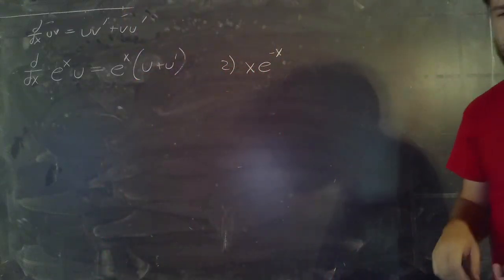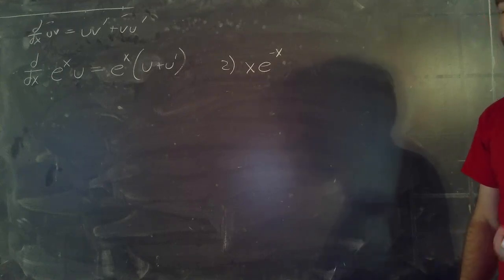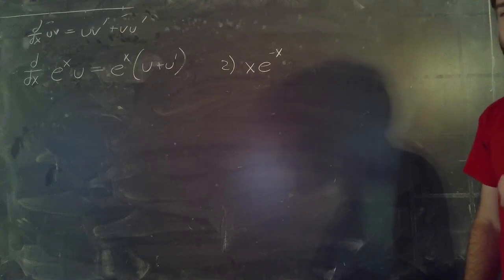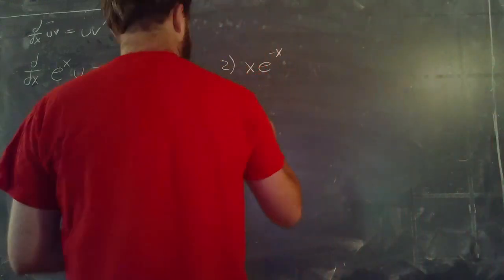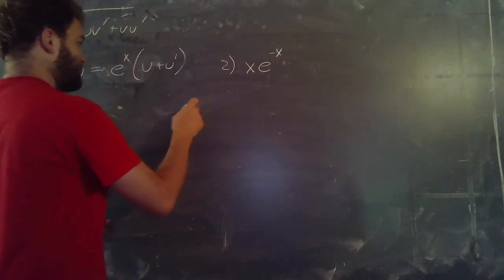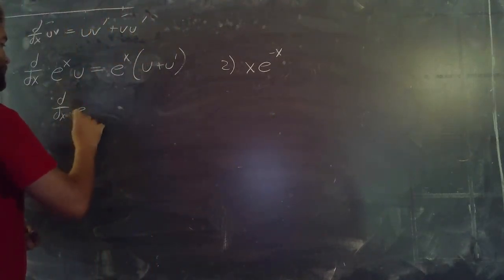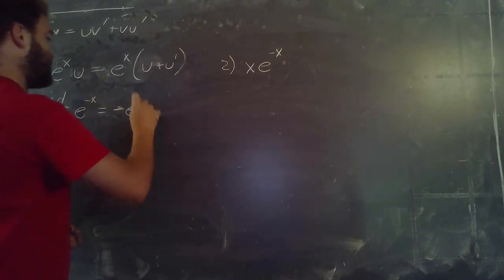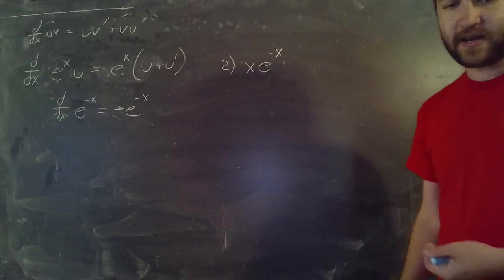And so what you need to know about the derivative of e to the negative x is that it actually is not just e to the negative x, it is going to be negative e to the power negative x because of the chain rule, which will be discussed in a later video.